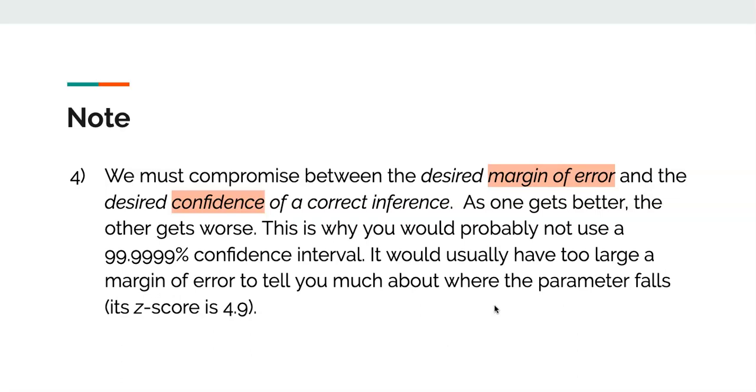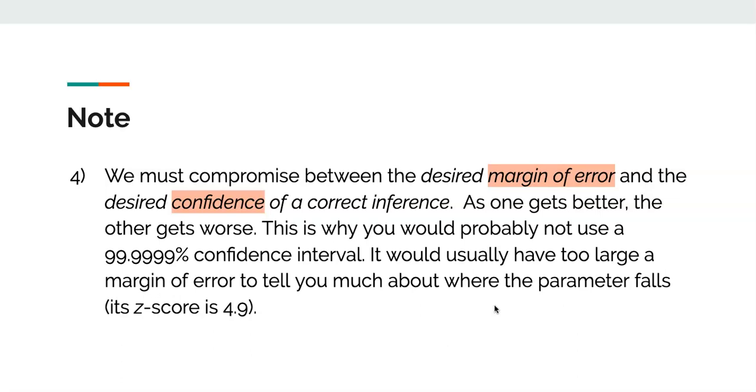This is why you would probably not use a 99.999% confidence interval. It would usually have too large a margin of error to tell you much about where the parameter falls. Its z-score is 4.9. That's a crazy big z-score. Because I can say something like this: I am 100% sure that we will be back on campus for face-to-face classes because Corona will be over.